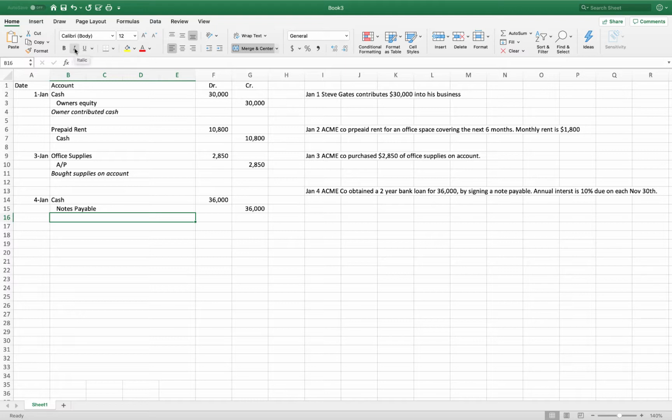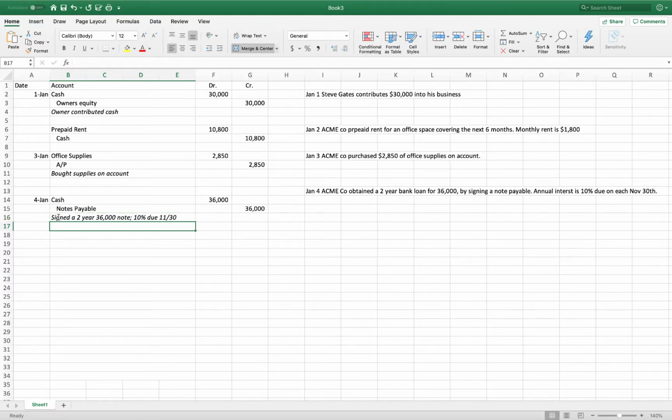So what am I going to do here? Well, I'm going to type in my explanation. I'm going to italicize it by clicking the italics button right here. And I'm going to say, signed a 2-year $36,000 note, 10% due 11/30.